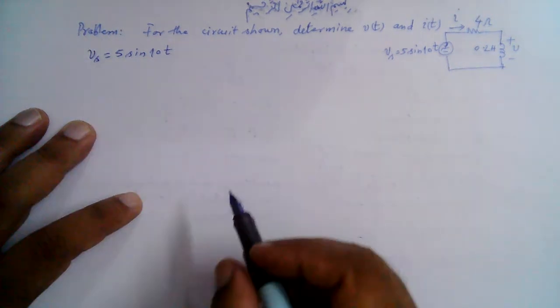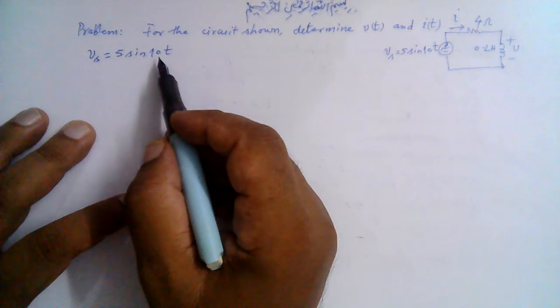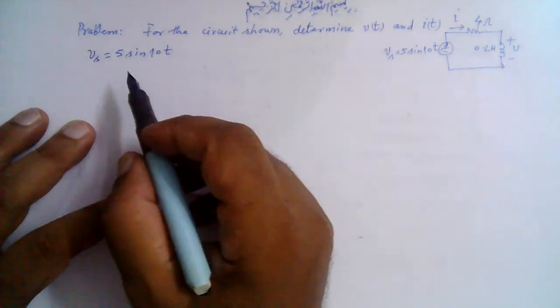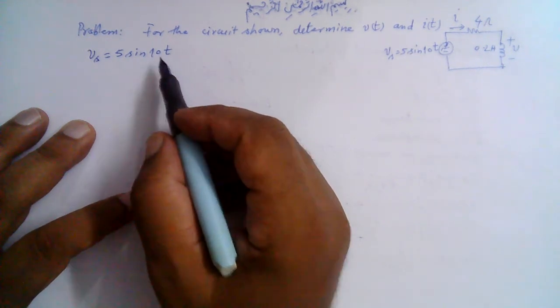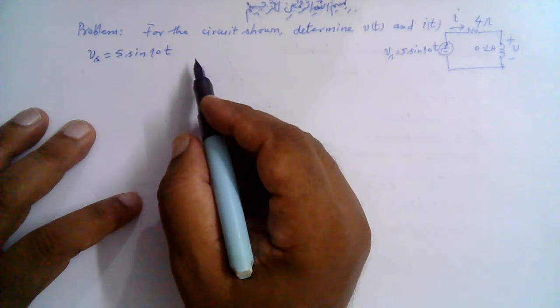Vs is equal to 5 sine 10t. What we can do is first transform this sinusoid into the standard form using the cosine function, or we can actually use this sinusoidal function in the form of sine as the base instead of first converting into the cosine form.